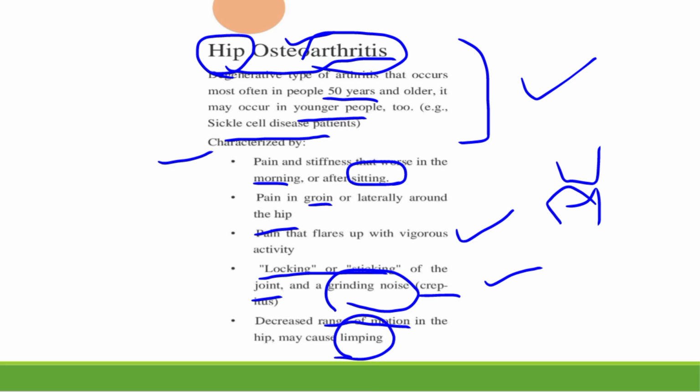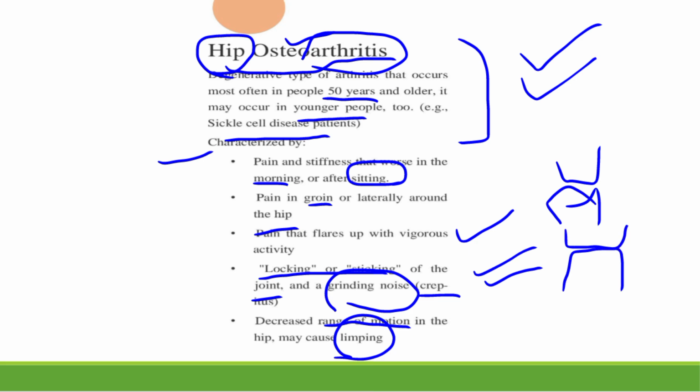Okay, hip osteoarthritis is the pathology we will discuss. It is a degenerative type of arthritis, mainly occurring in the older population. Pain and stiffness occur especially in the morning. Pain occurs with vigorous activity. Locking or sticking of the joint also occurs. We also hear noise because the joint space is reduced.